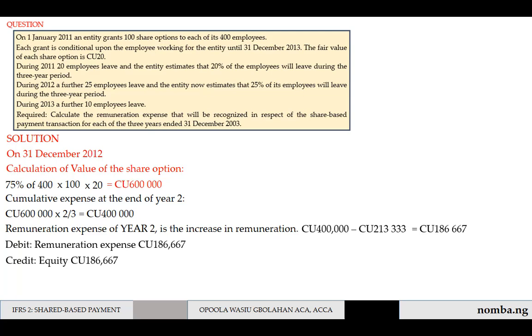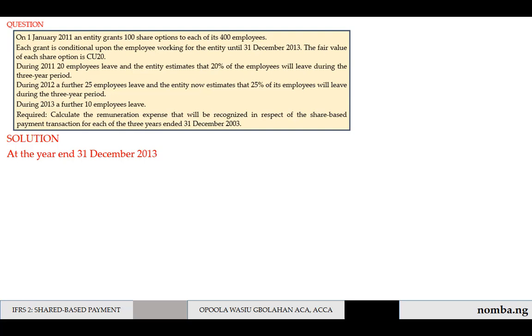Now, at the end of 2013, the entity can now know actually how many of the employees will exercise, because that is the vesting date. They told us that a further 10 employees leave. Therefore, because this is the year of vesting, we will have known what has happened.